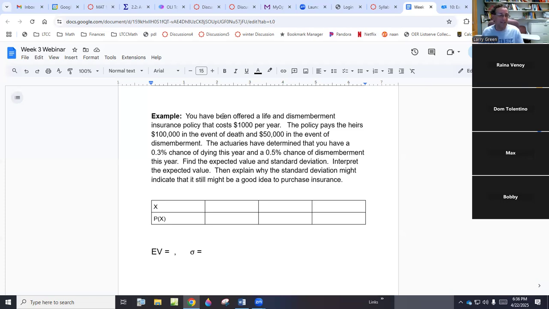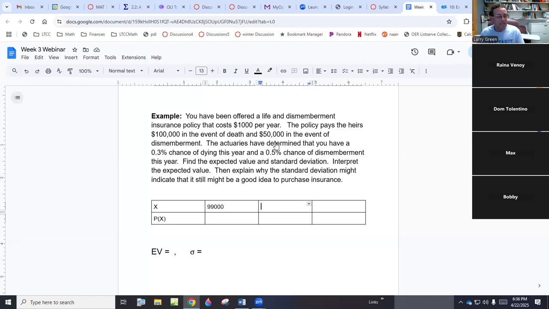In this case, the insurance policy costs 1,000. If you die, your heirs get 100,000, so that's 99,000. For the calculator, don't put a comma. Don't put 99 comma 000 or it'll mess up.